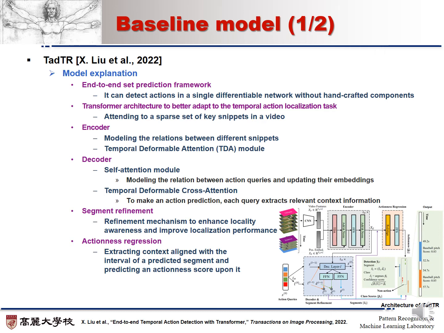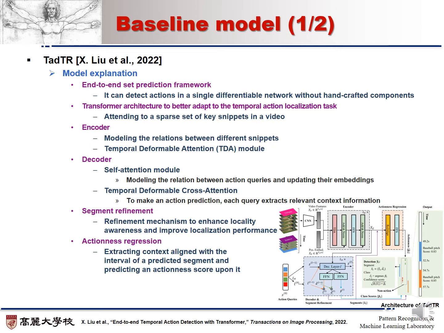Next, the baseline model is TadTR. I will briefly introduce this model. First of all, this model consists of an end-to-end set prediction framework. Therefore, there is the advantage of being able to train the network without handcrafted components such as NMS.